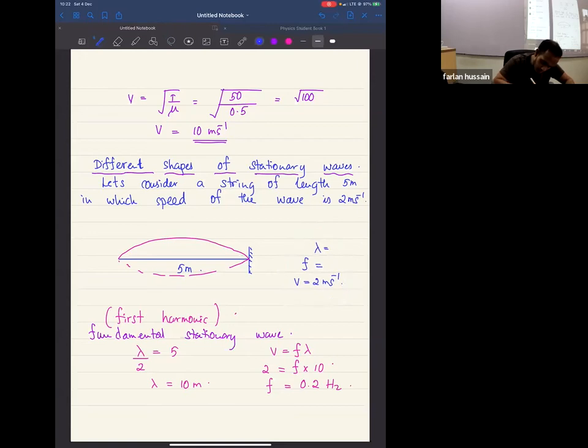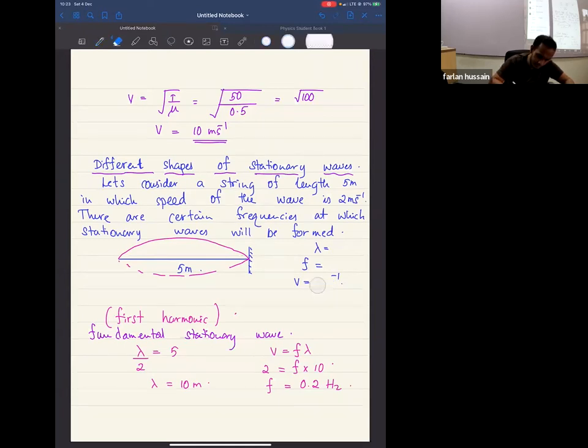Full stop. There are certain frequencies at which stationary waves will be formed.